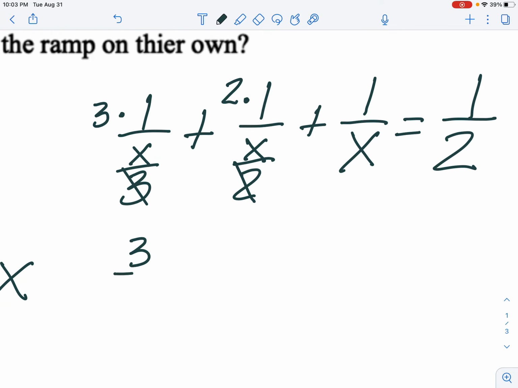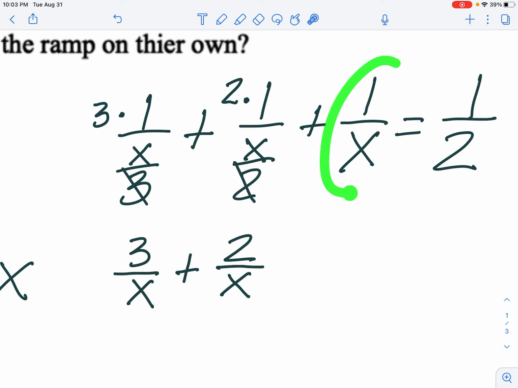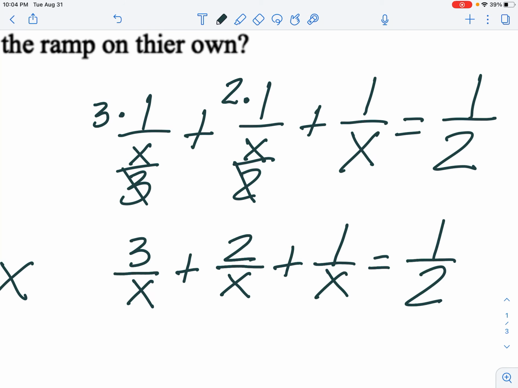So I get 3 times 1 is 3, and I still have x on the bottom. Plus 2 times 1 is 2, and I still have x on the bottom. These two did not change. So plus 1 over x equals 1 over 2.